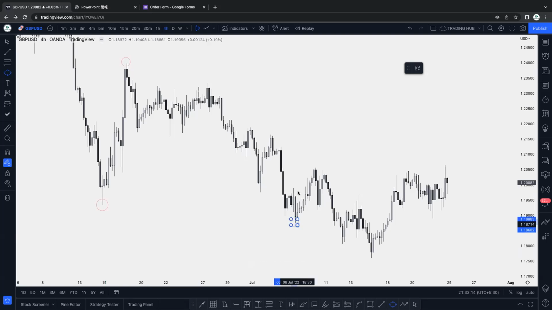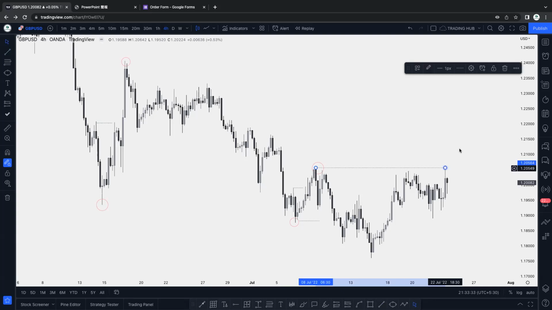And here, taking out the inducement. This is our measure. And what happened? This is our inducement. And the break of structure is here. This is our major high, which is swept here.